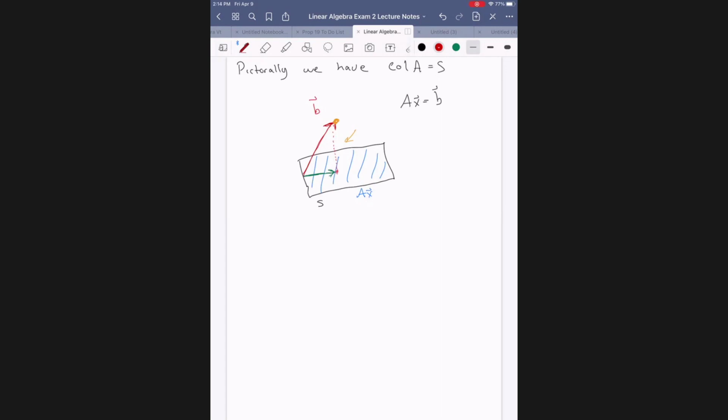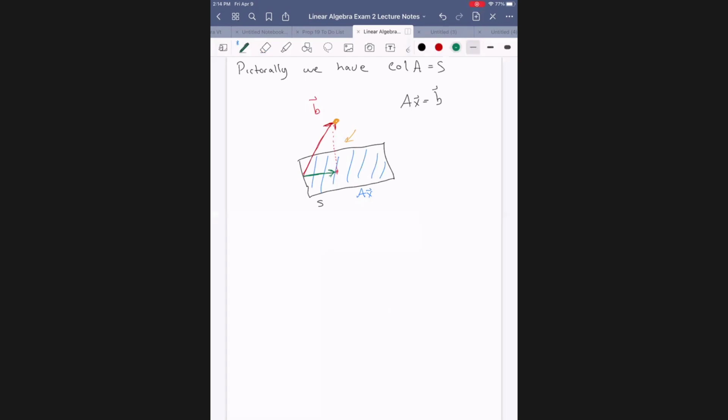Remember, if you were to project vector B onto another vector, all you have to do is drop down, and then the vector right here is the projection. Same thing, except now it's a plane. So we need to develop the idea of what it means to project a vector onto a subspace.